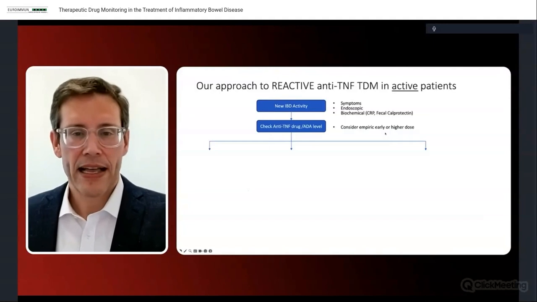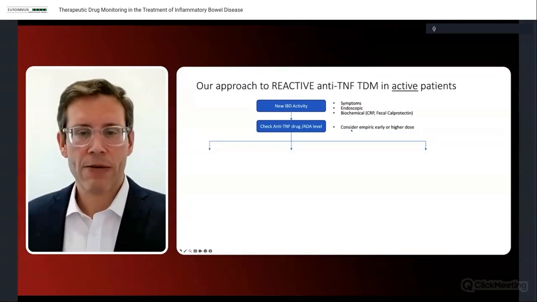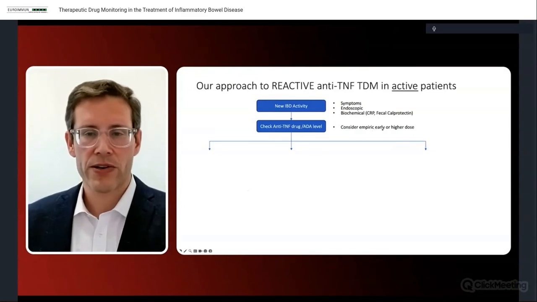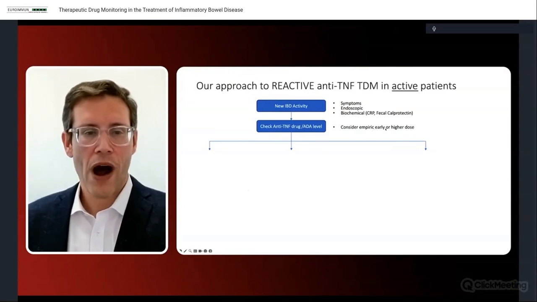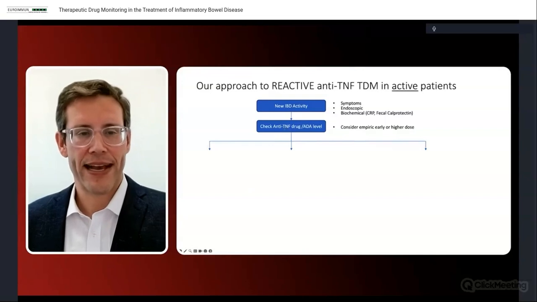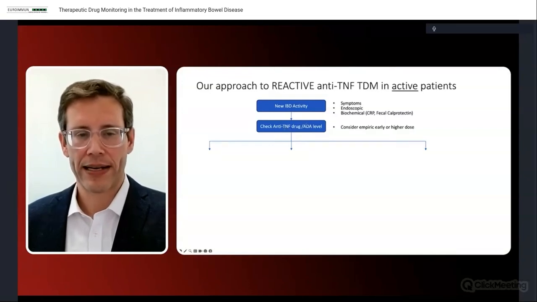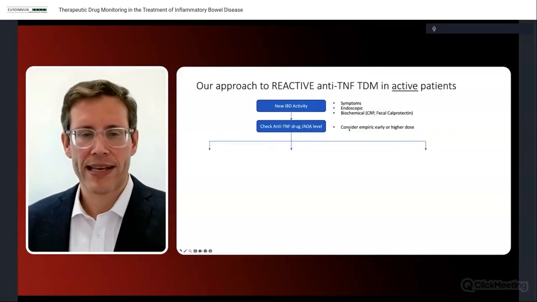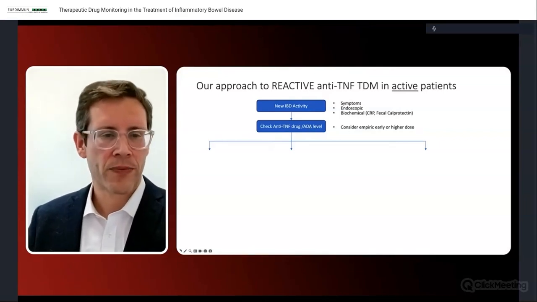In this setting, particularly for symptoms, I will consider empirically giving an early dose or a higher dose while I'm simultaneously checking anti-TNF drug and anti-drug antibody levels, because these levels take about a week to come back, and we want to take care of our patient.